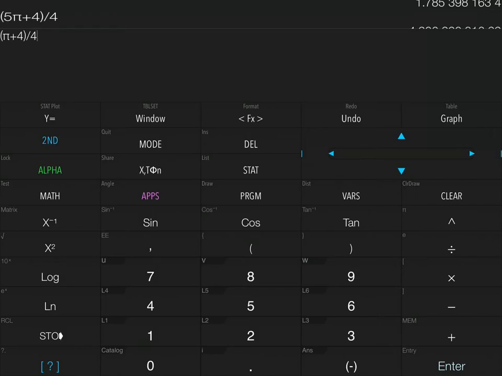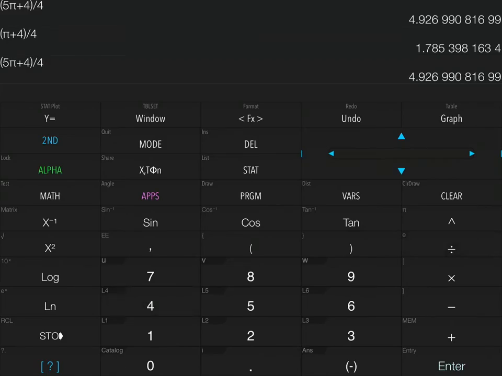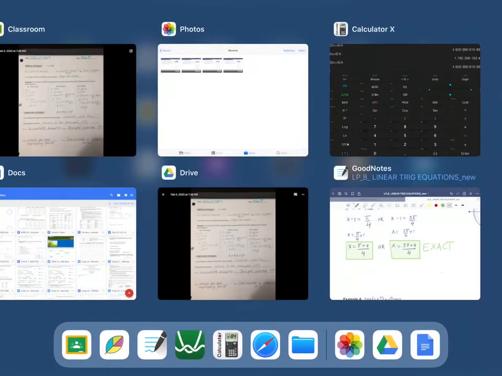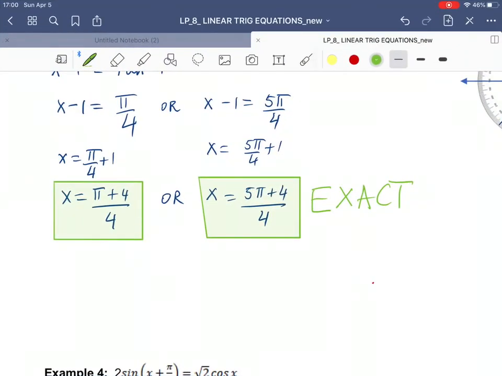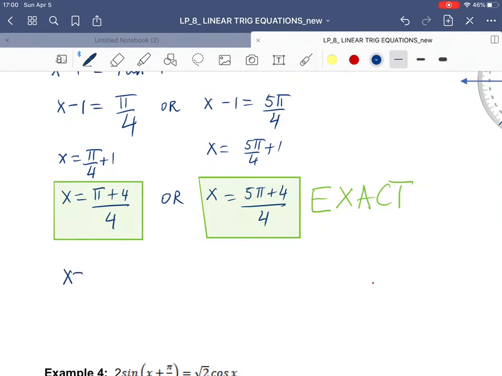Please remember to use the brackets for the numerator, and that gives 1.79 radians. The other one was 5 pi plus 4 divided by 4, which gives 4.93.